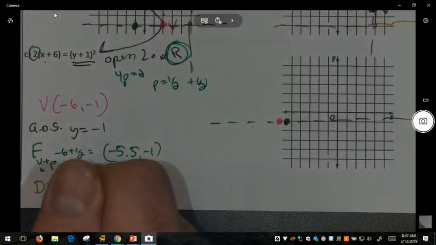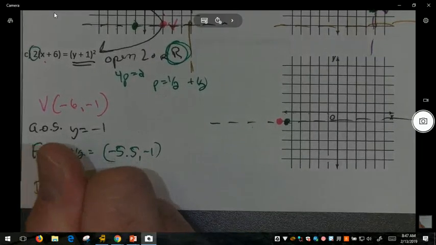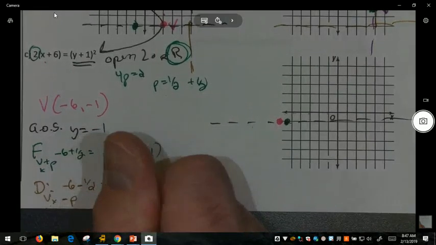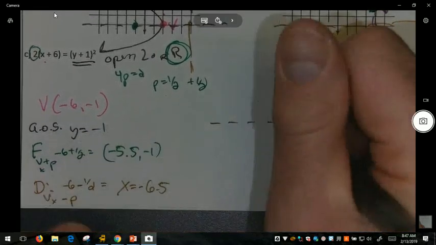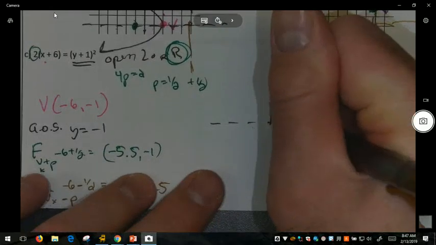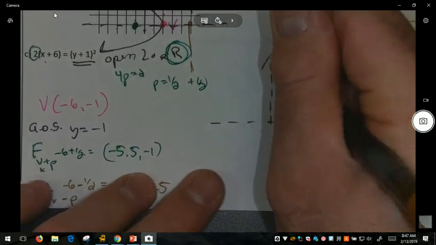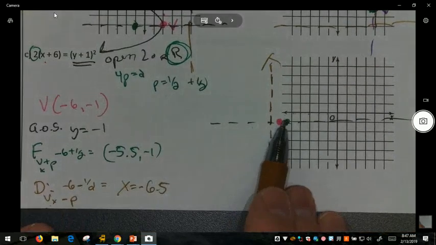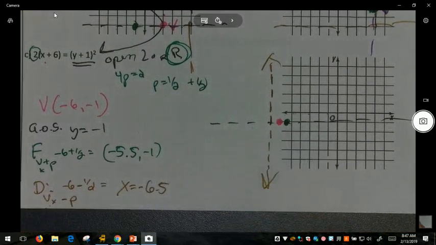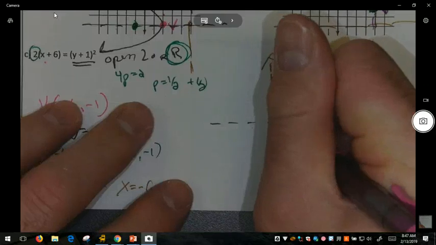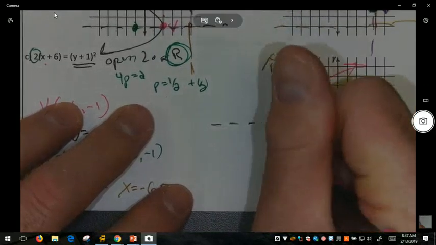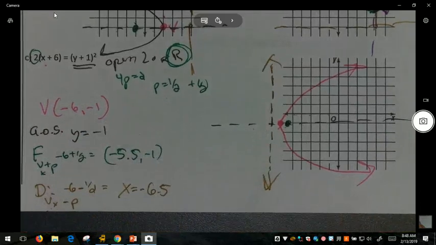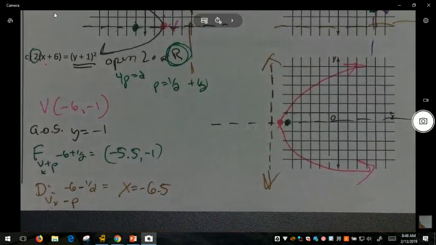So I have negative 6 minus 1/2, which is negative 6.5. x equals negative 6.5, which should be roughly here. So here's my directrix. It's a half unit from the vertex. Here's my focus. It's a half unit from my vertex. My graph opens to the right around the focus, opposite direction of the directrix.